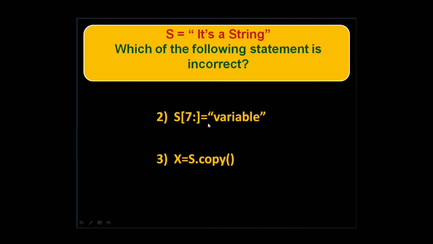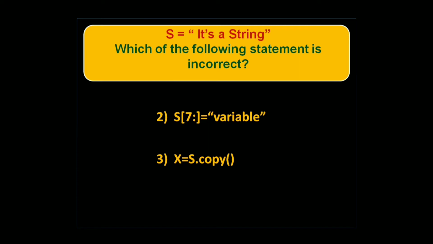Well, that is not allowed because strings are immutable data types, right? You cannot alter them after you have already declared them as a specific value. Next, s.copy. Strings do not have any method known as copy. Lists have the copy method. Strings do not. Hence, incorrect statements are second and third.